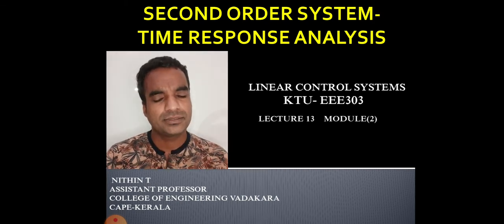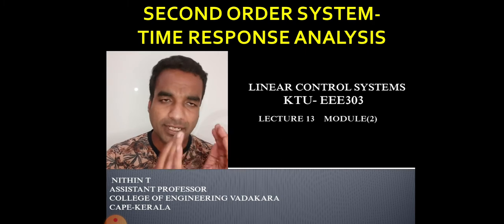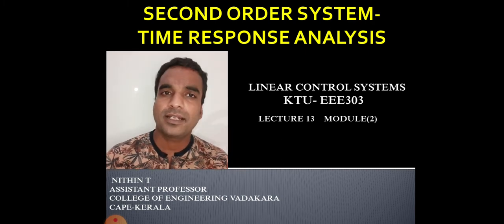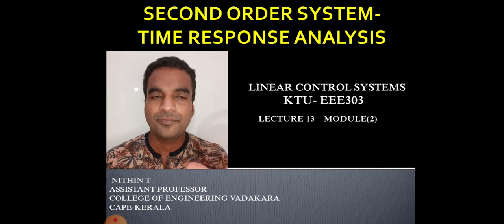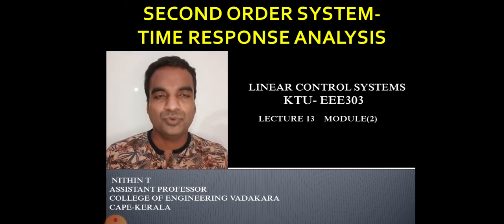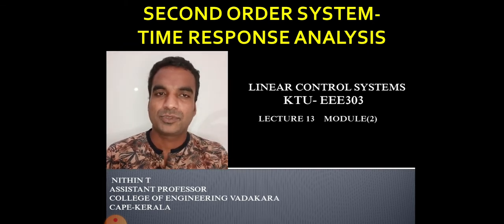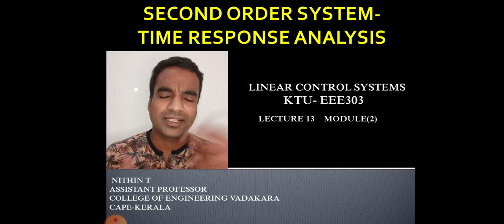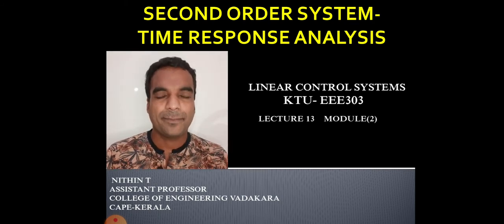Standard equation means we can compare any first order system with the standard model. 1 by 1 plus sT is the standard form, and if you get some equation like 1 by s plus 2, you can compare these. Ts is equal to 2. So what will be the value of T, how fast the system is, such things you can compare.